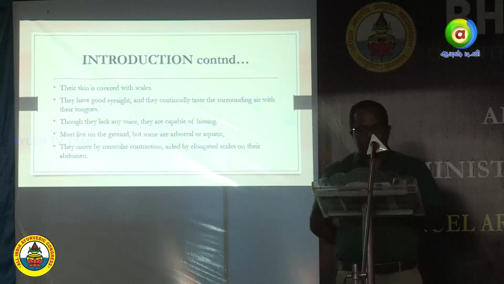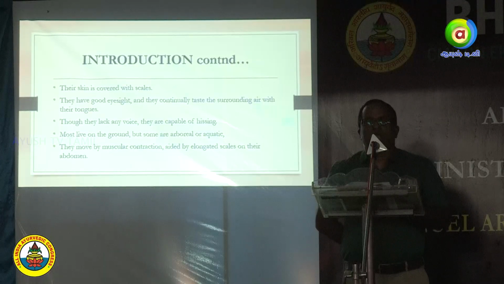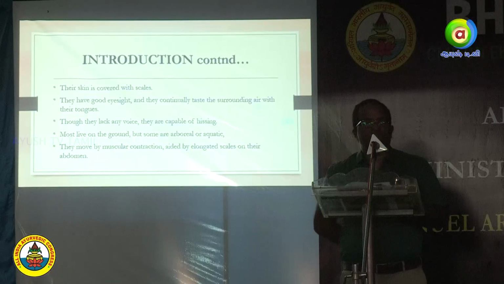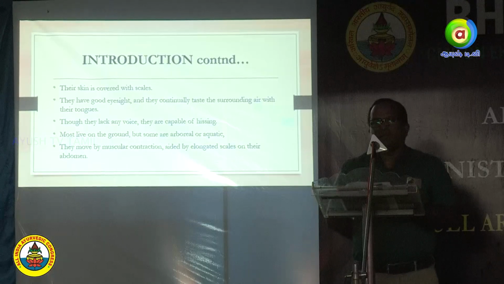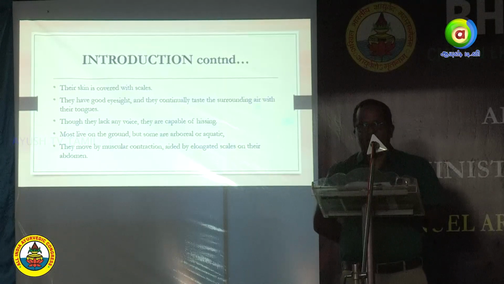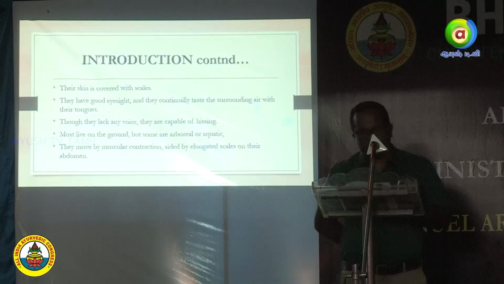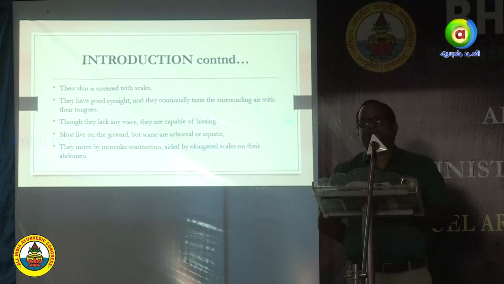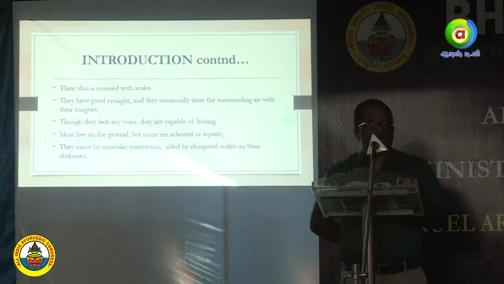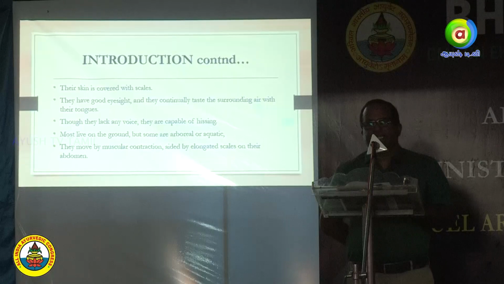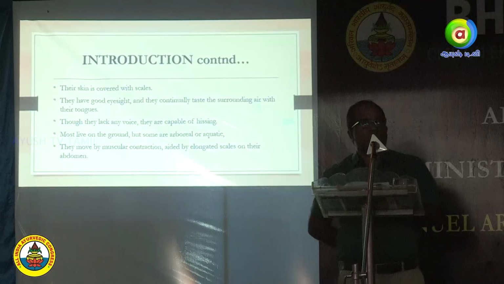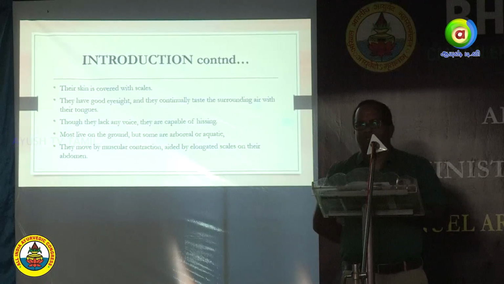They have very good eyesight, and they have a flicking tongue which is used to detect the prey, detect the surrounding air and taste the air to know where prey is approaching from. Though they lack any voice, they produce a sound called a hissing sound.